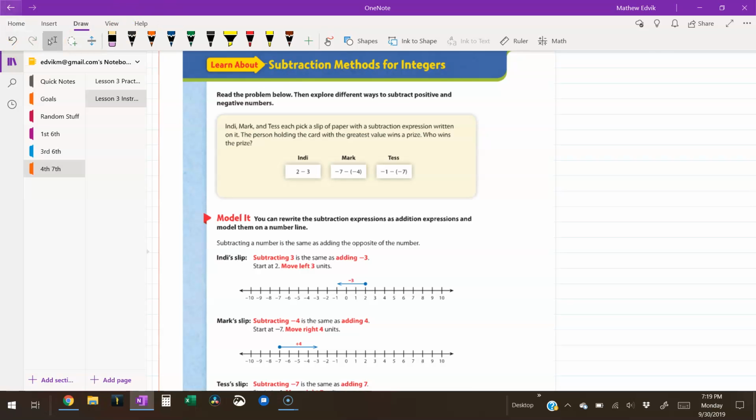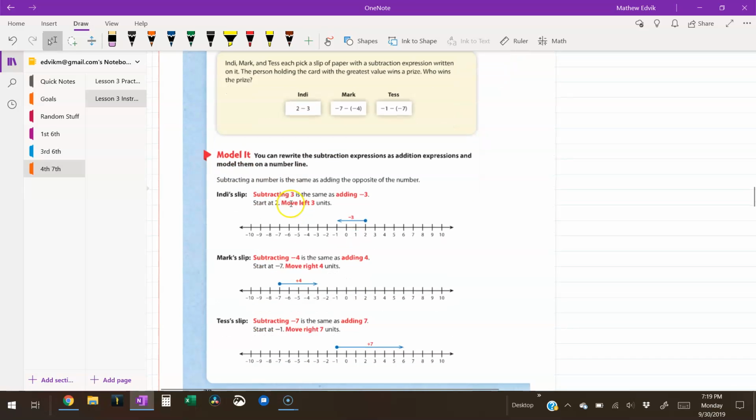So now we're going to be doing subtraction in all of these. So here's our problem. Indy, Mark, and Tess each pick a slip of paper with a subtraction expression written on it. The person holding the card with the greatest value wins a prize. Who wins the prize? So we've got Indy, who we're looking at her slip right here, is 2 minus 3.